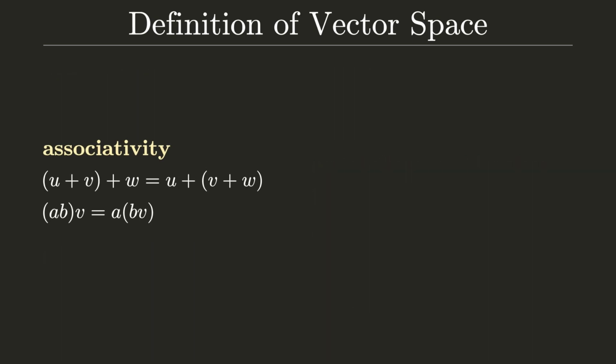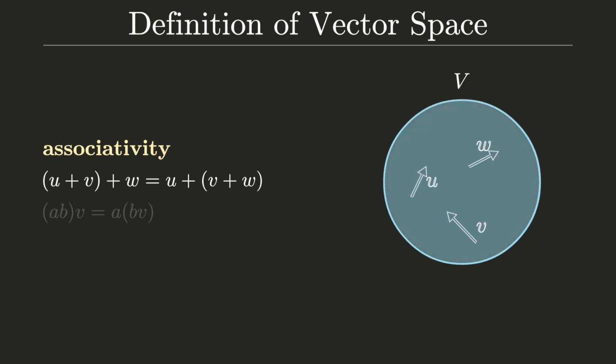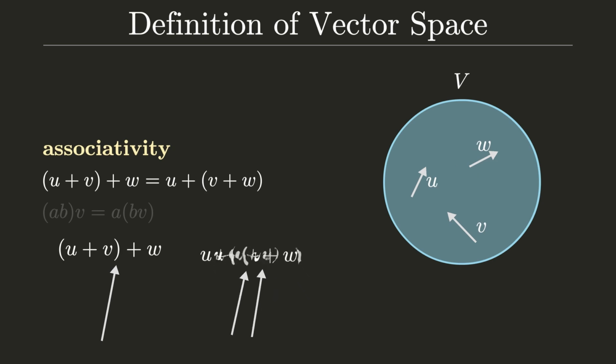Next up is associativity. Both addition and multiplication need to be associative. Specifically with addition, if we take three vectors u, v, and w, the sum of u and v added to w is equal to u added to the sum of v and w. That's associativity for addition.